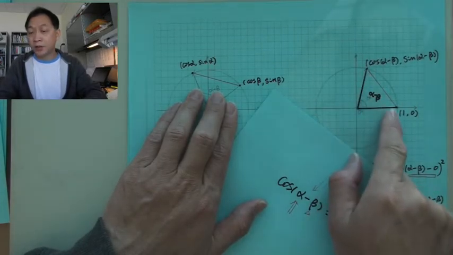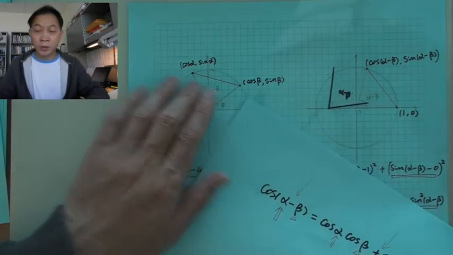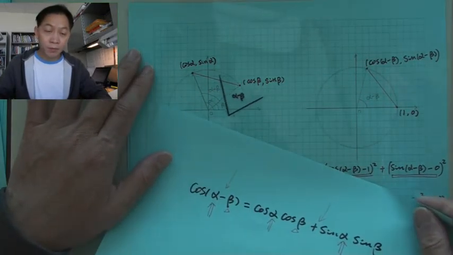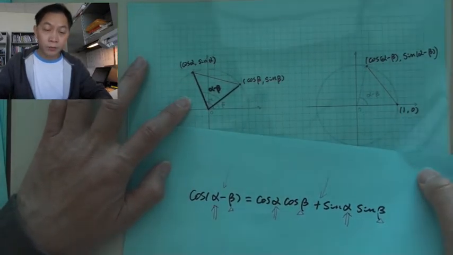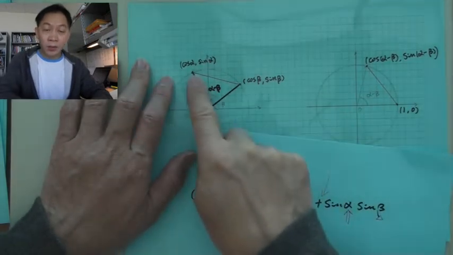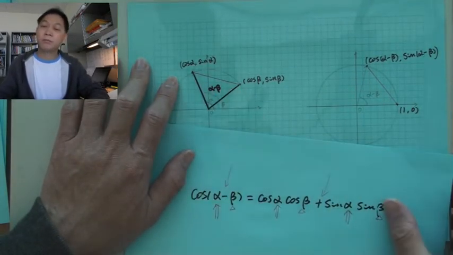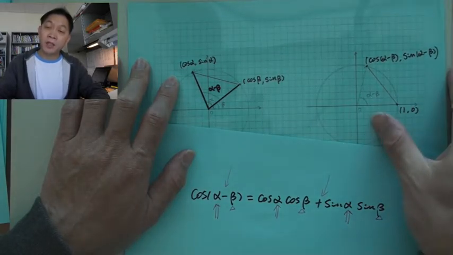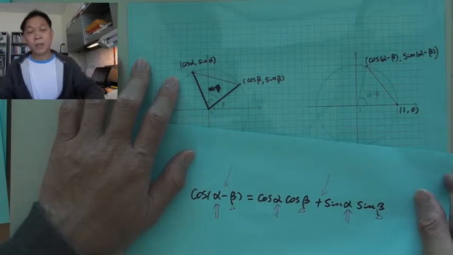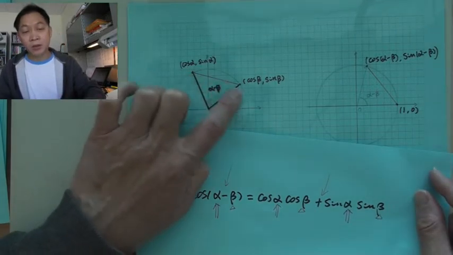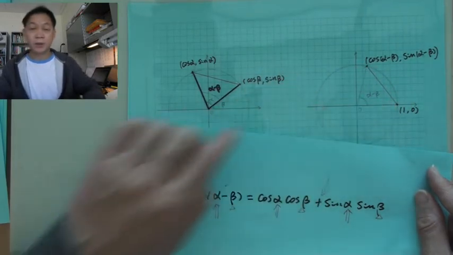So this red distance between these two points, let me put it back here, equals the distance between those two points, because the angles are equal. That's the key point. Distances are equal. How to find out the distance between those two, and how to find out the distance between those two?